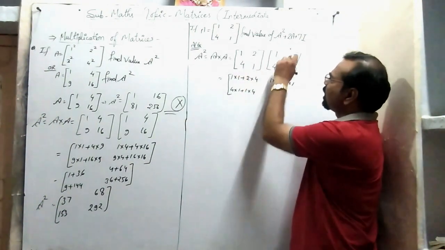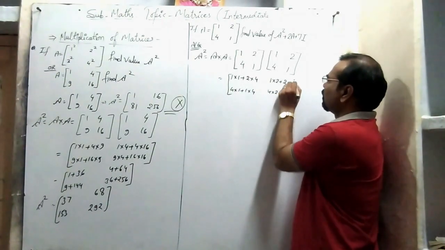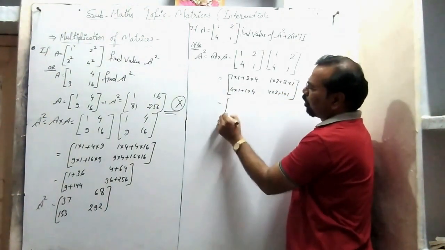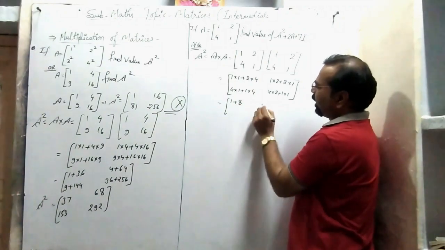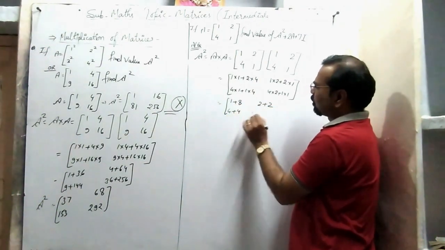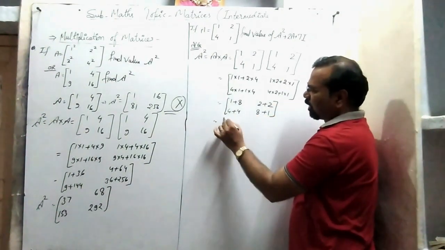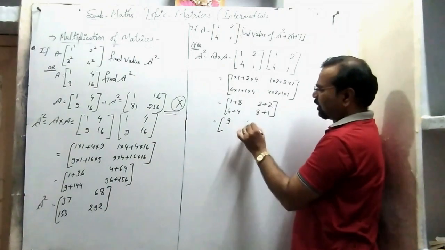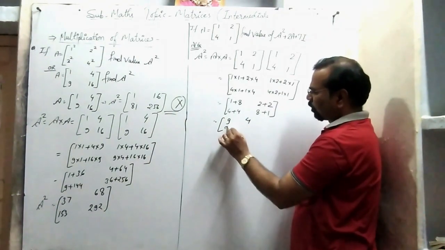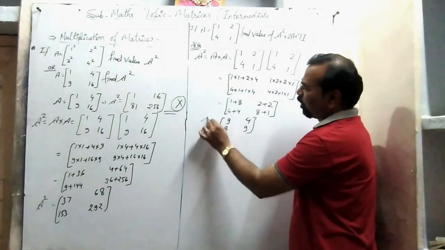Then second row and second column: 4 cross 2 and 1 cross 1. Okay, what is the value? 1 plus 8, 2 plus 2, 4 plus 4, 8 plus 1. Okay students? Then the value is 9, 4, 8 and 9. That is the value. You can find the value of A square.